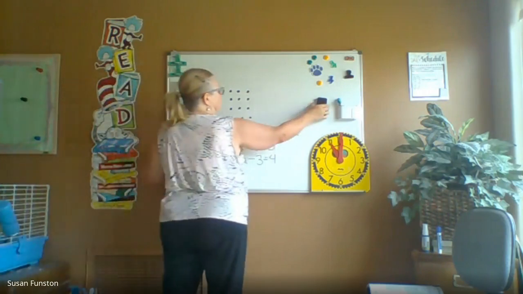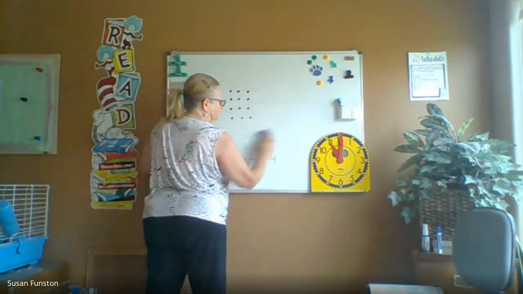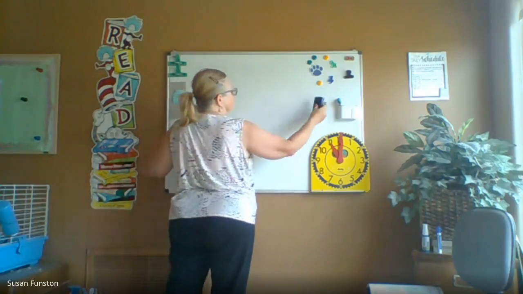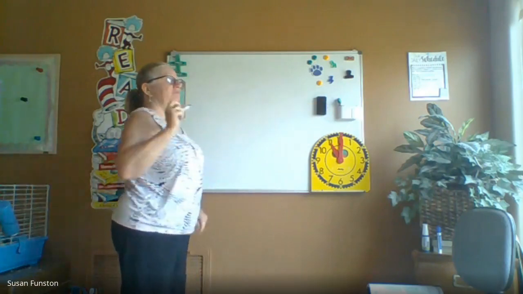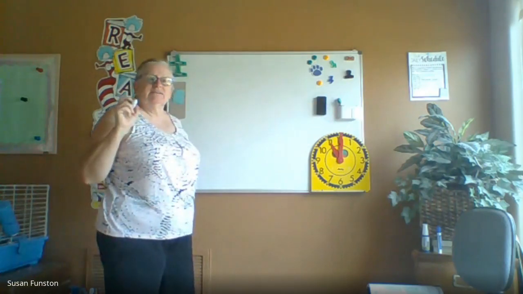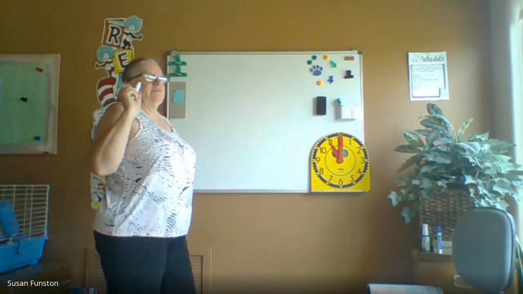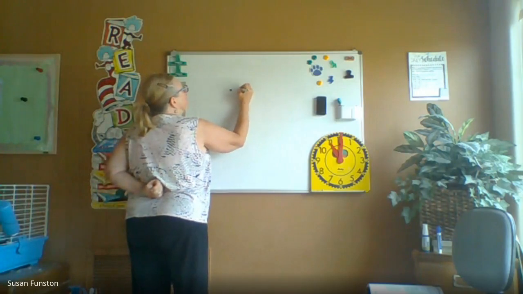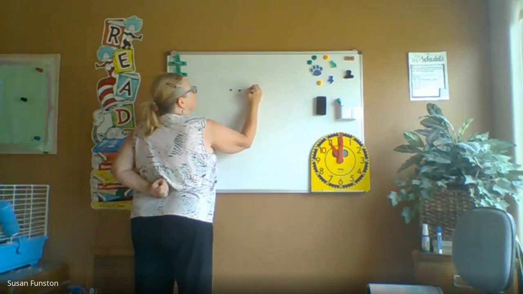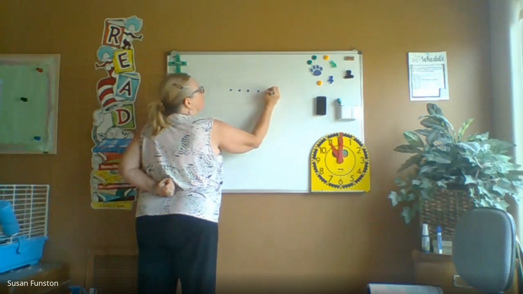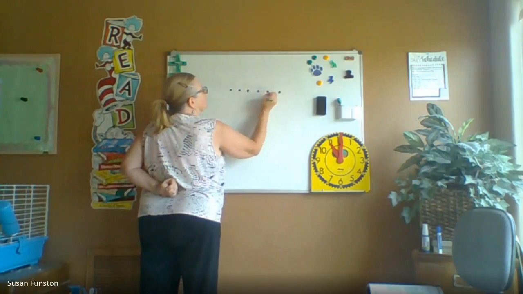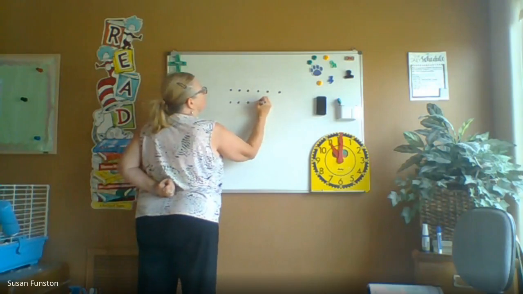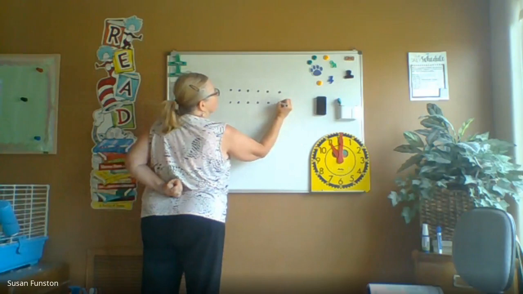Okay, let's do one more. Let's use a little bigger number. What if I had 3 groups of 6? 1, 2, 3, 4, 5, 6.